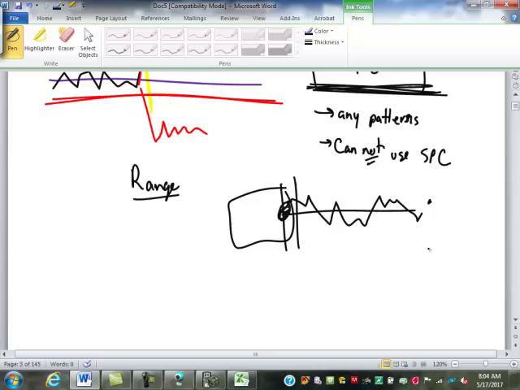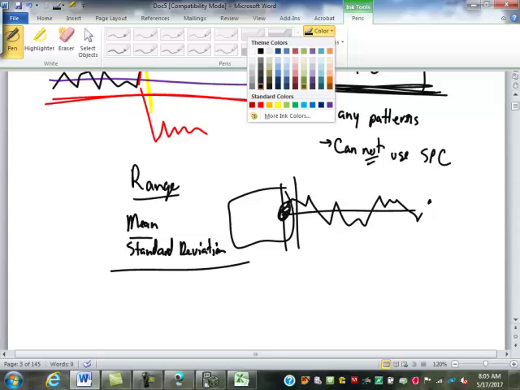Once we have this run chart, we calculate the range, the mean and the standard deviation of all those points we've collected. And we use that to establish two different charts.